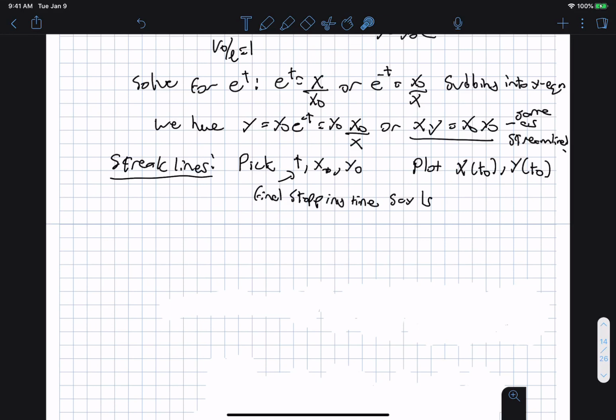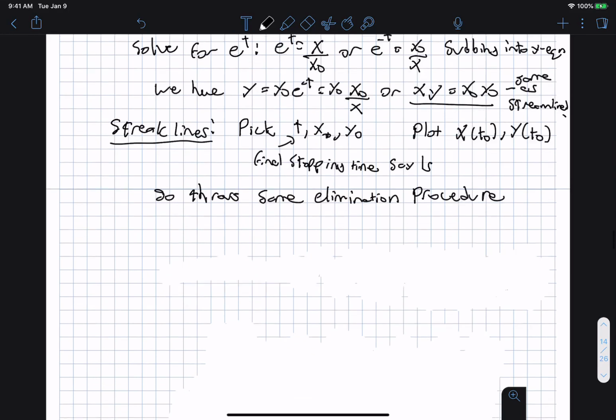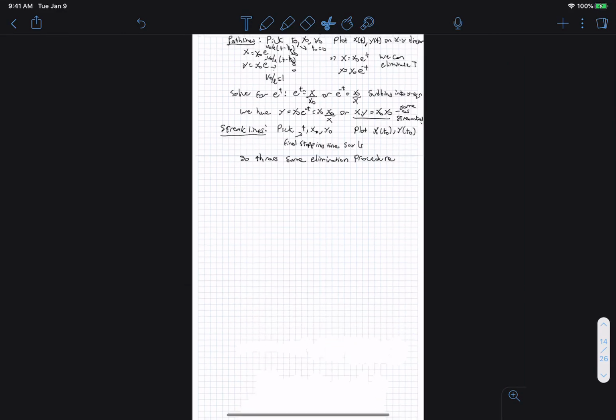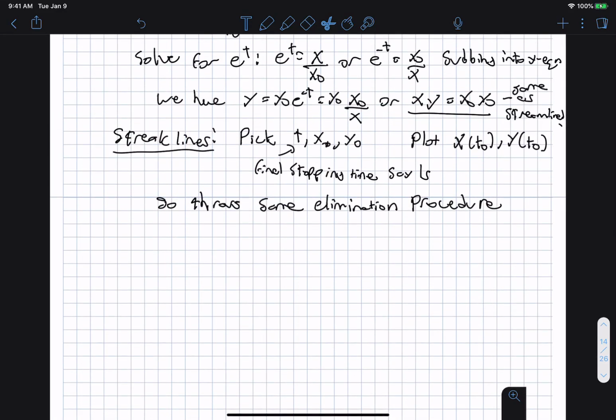But because the flow is steady, you can go through the same elimination procedure to find that the equation for the streak line is xy equals x naught y naught.